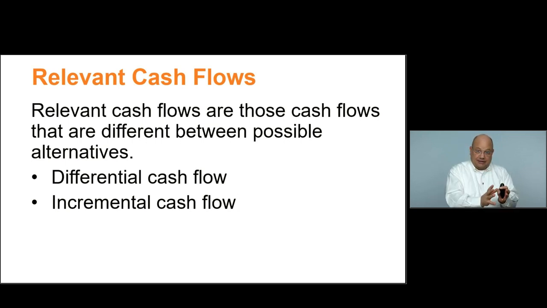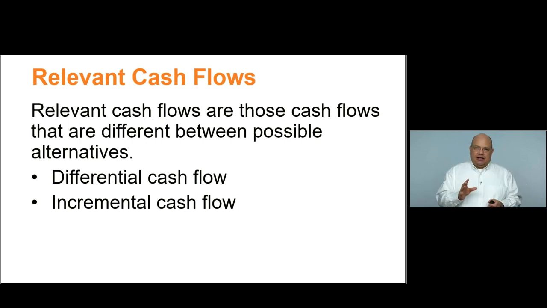So between investing in project A and not investing in project A, all those cash flows connected to project A are incremental cash flows. When we're looking at project A and project B, the different cash flows between project A and project B are differential cash flows. So we're looking here at those cash flows that are different in order to determine which cash flows are relevant.